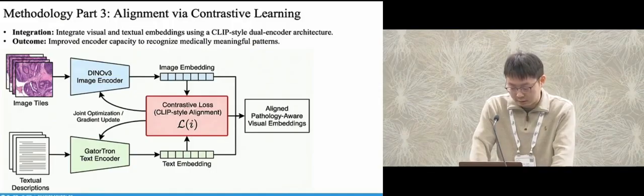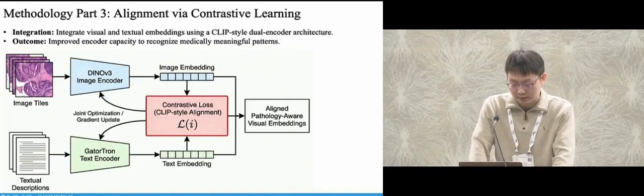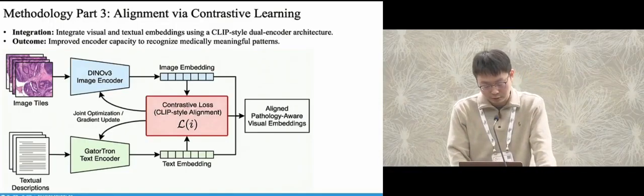This loss function encourages the model to pull the embeddings of matched image-text pairs closer together and push unmatched pairs apart. This contrastive learning paradigm allows the vision encoder to be modulated by language-based pathology priors, and the vision model starts to learn to recognize these medically meaningful patterns.